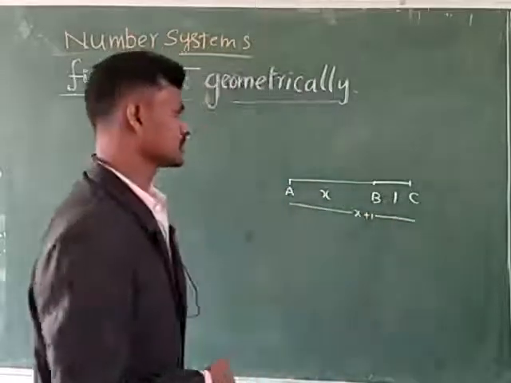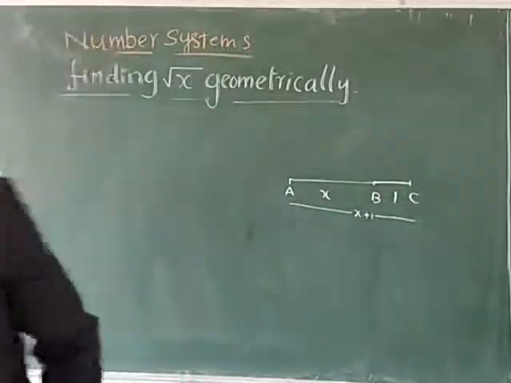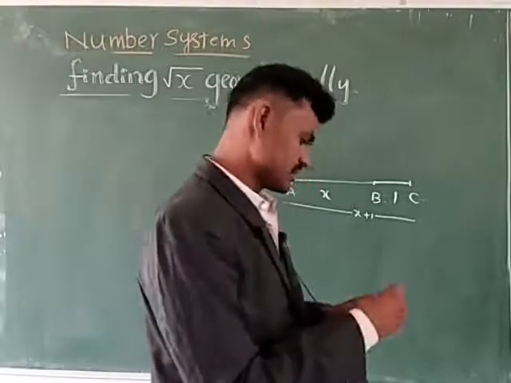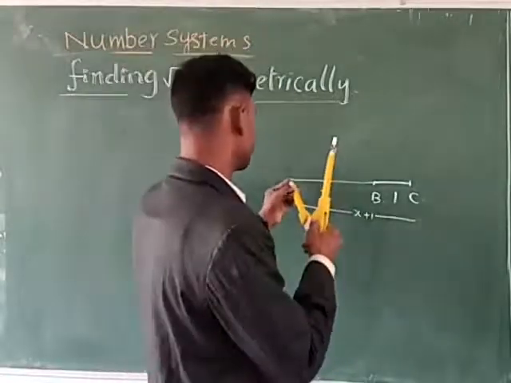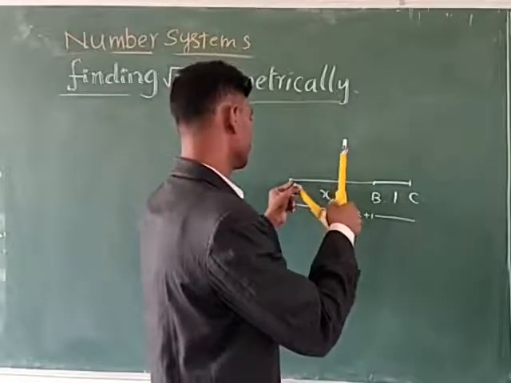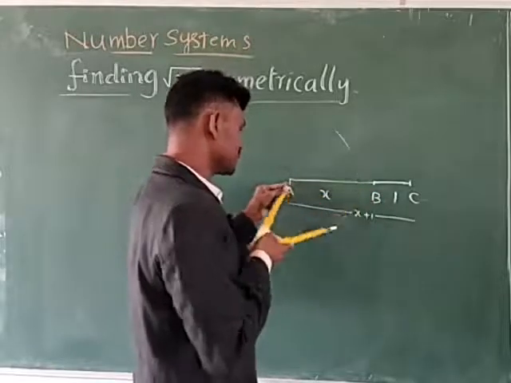Now we have to draw the bisector of AC. How to draw the bisector: see here, you have to take a compass, and you have to draw any radius, more than half. Draw one arc here, and down also you have to draw one more arc.